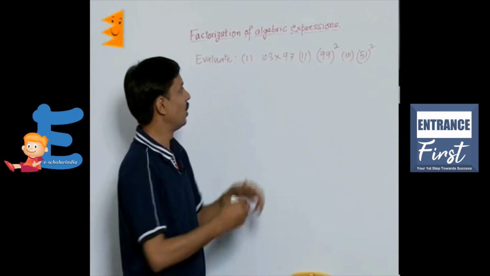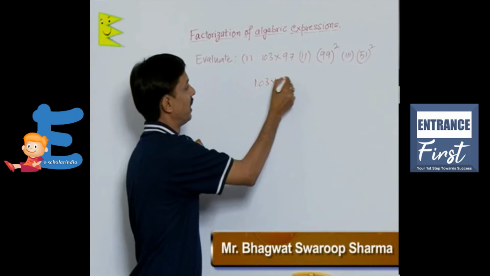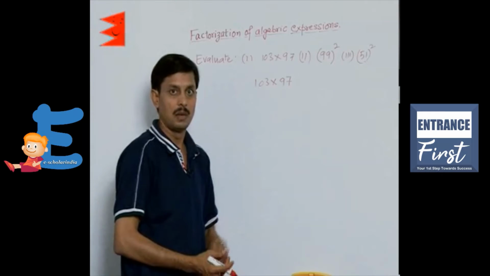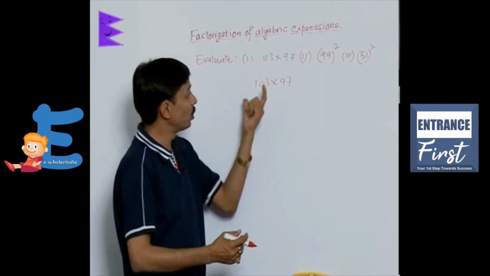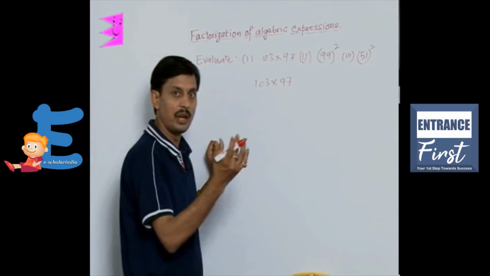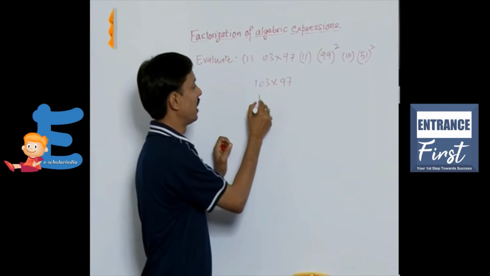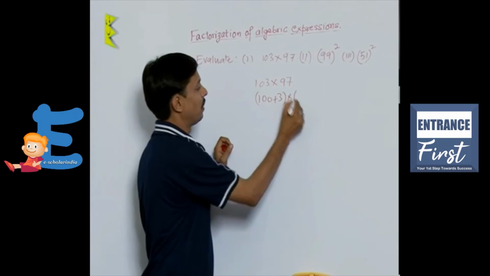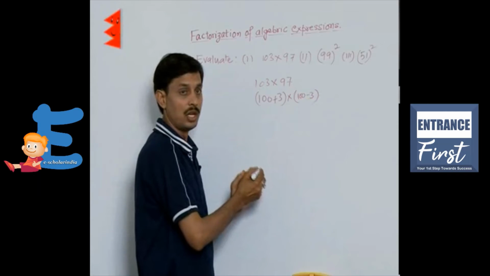First, how to evaluate the value of 103 multiplied by 97. It is a simple question. One can multiply it directly. But if I ask you to use the algebraic identities, then you will think of some pairing, like 103 can be written as 100 + 3, and 97 can be written as 100 − 3.